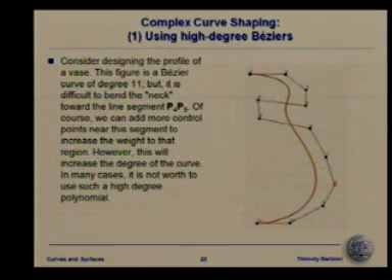So you want more control points. But on the other hand, if you have a lot of control points, then as soon as you move one of them, all your curve changes dramatically. So it's really hard to find the right balance between flexibility and controllability with Bezier curves.